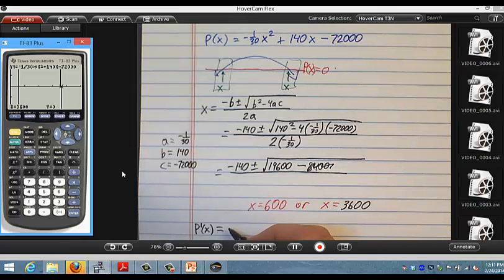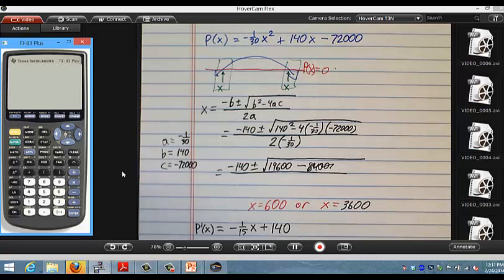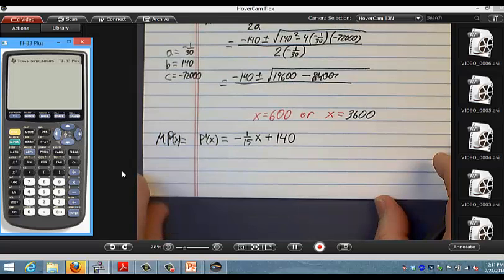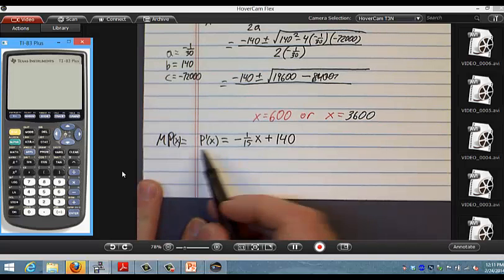When we take the derivative, we get negative 1/15 x plus 140. And by the way, this P prime of x, another name for it would be the marginal profit. You guys okay with that? So that's the marginal profit function.